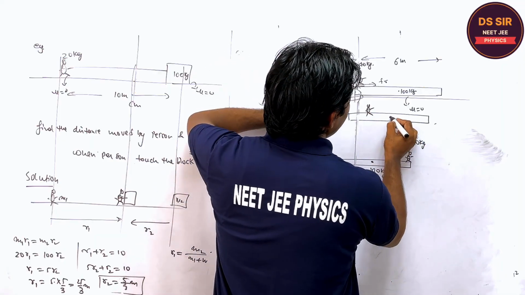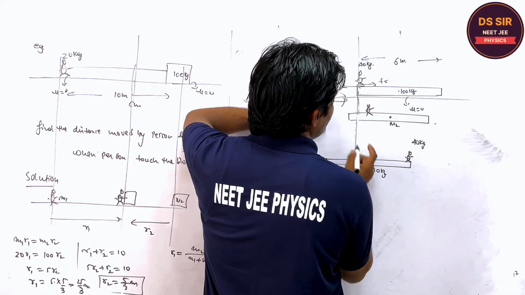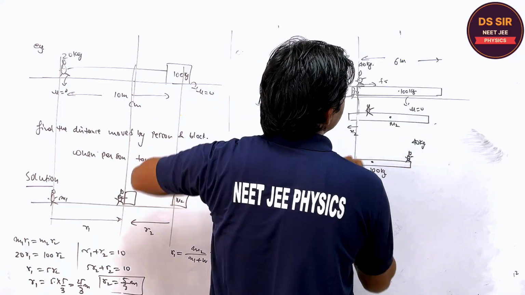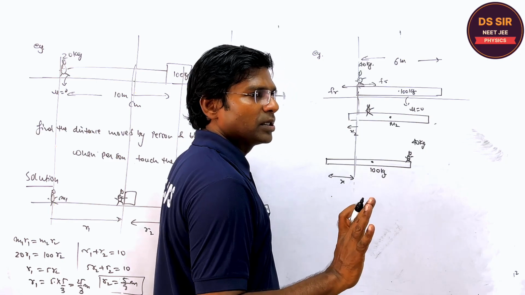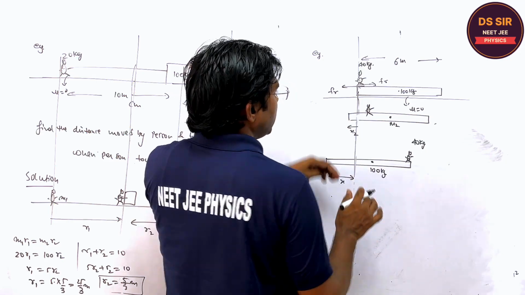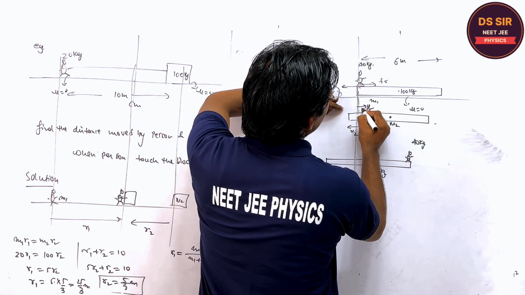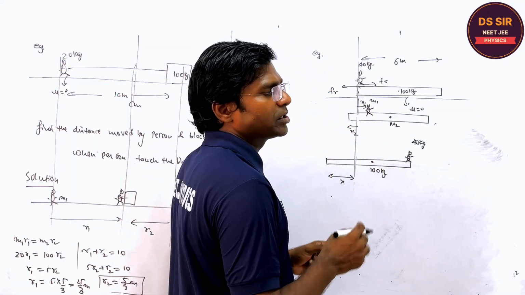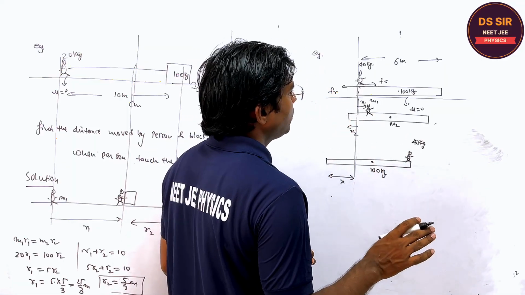If this is M2, this M2 is moved by what distance? Say x2. And this is M1, it is moved by distance x1, so that the center of mass remains in its position.